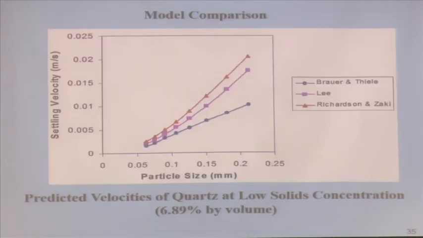So, here what I did, again I compared it with some synthetic data, that is predicted velocities of quartz at low solids concentration, that is 6.89% by volume. Where has it come from? Because I wanted to do it in mass percentages, which we are more familiar with.